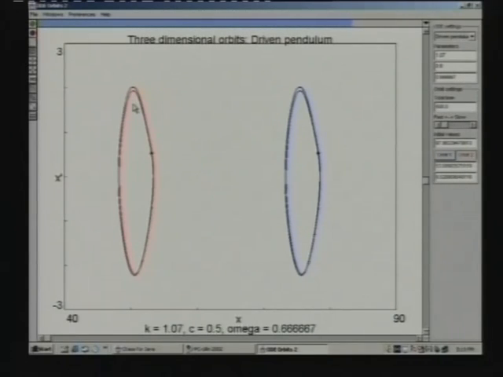So, both of them have gone into period 2 orbits, and if you increase it slightly more, in this system the changes are relatively faster. You notice that, see, it is now changing into period 4 orbit almost. Can you see that?